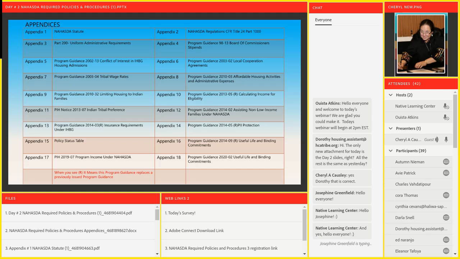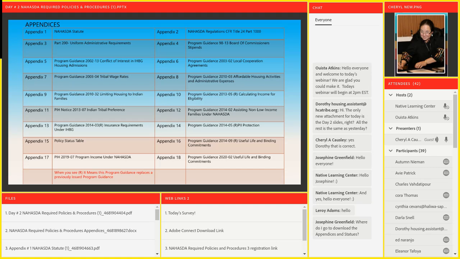Why is this policy written this way? Well, because we're complying with the law. If nothing else, on one of your computers, on your server, put all your PIH notices, all your program guidances, and most definitely Appendix 1, 2, and 3, because you need the statute and those regulations and Part 200.